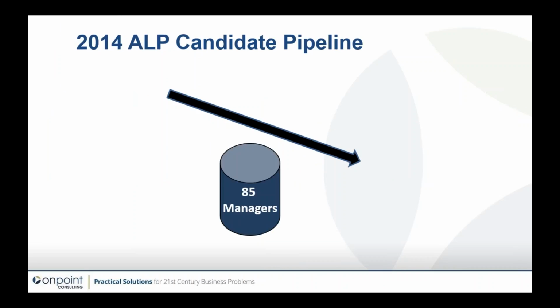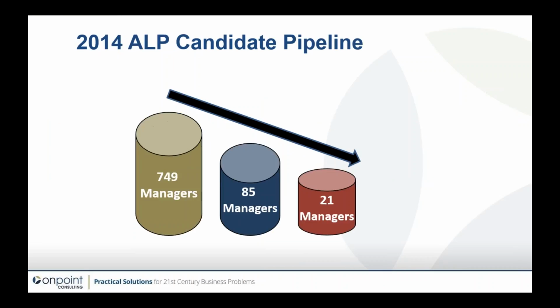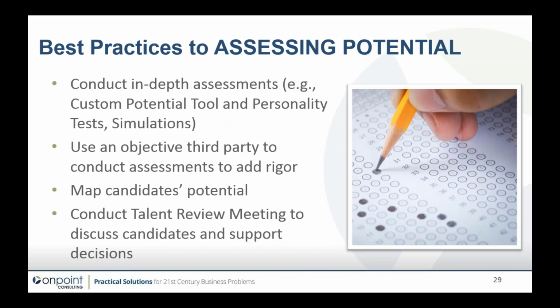So what we've done is basically try to scale down the pipeline from 749 down to 21 or so managers that would be part of the program overall.